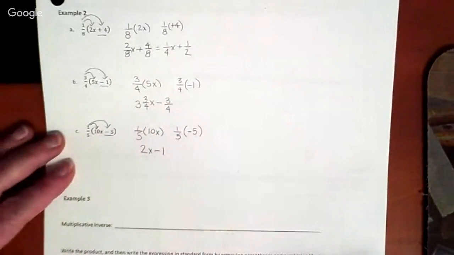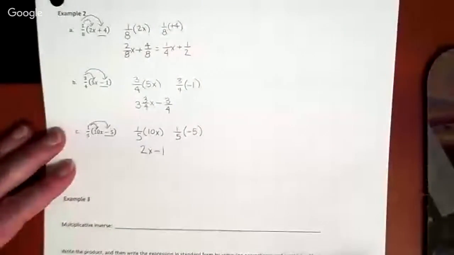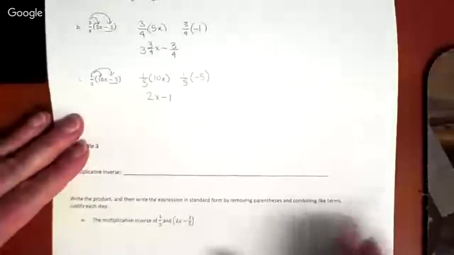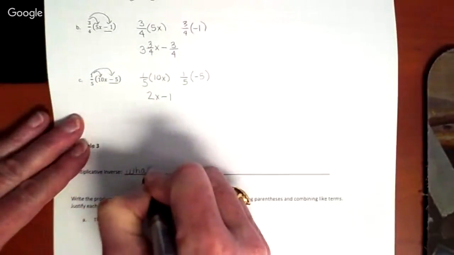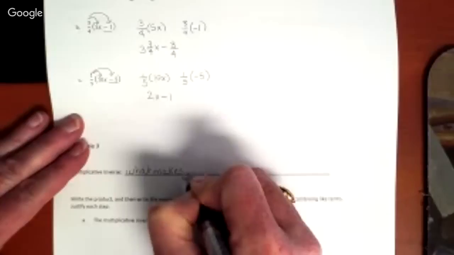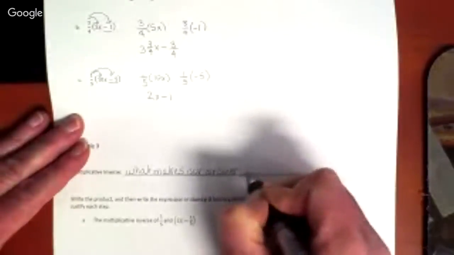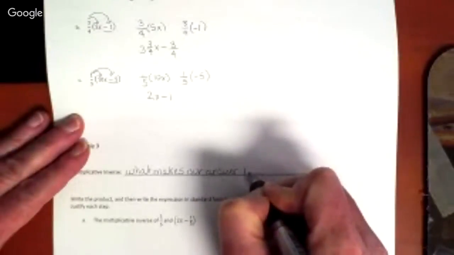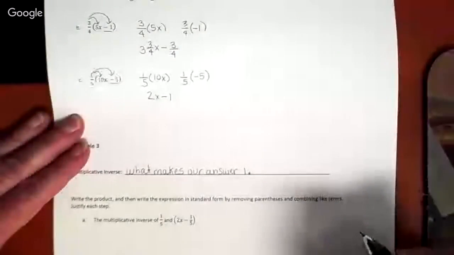Now, our multiplicative inverse, okay, is what makes our answer 1. Okay, what makes our answer 1?